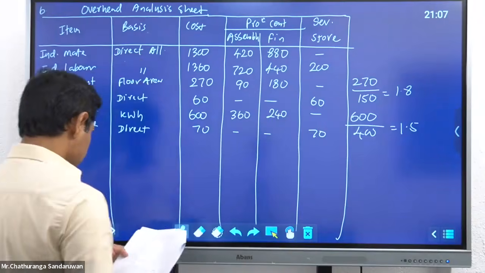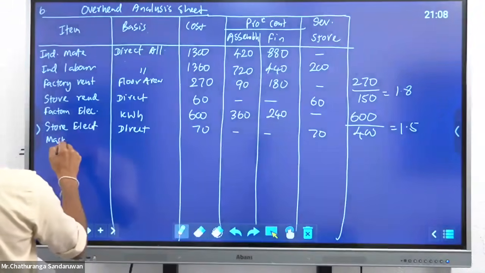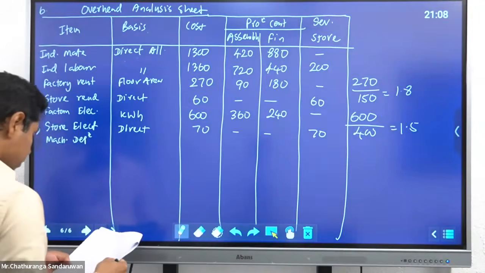And then machine depreciations should be based on the value of machines.